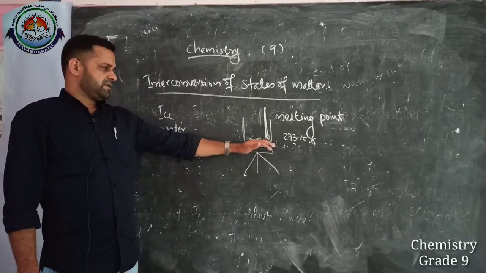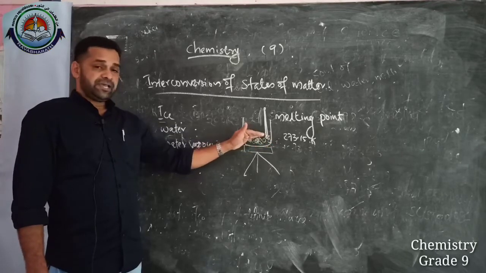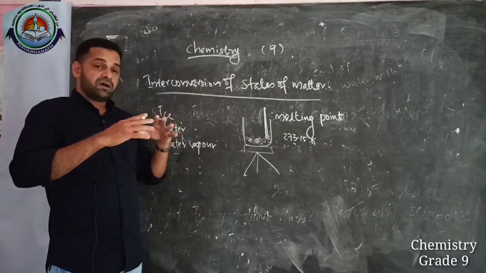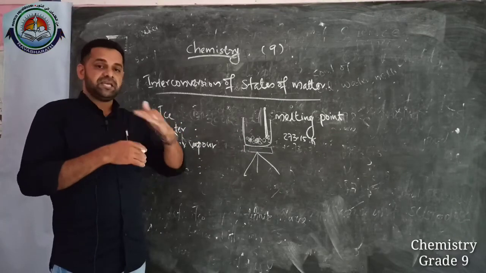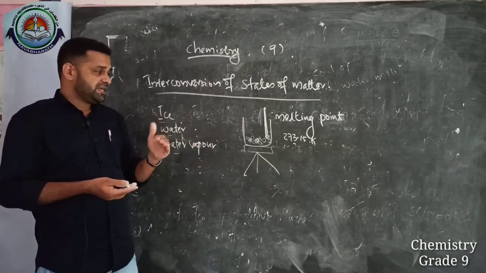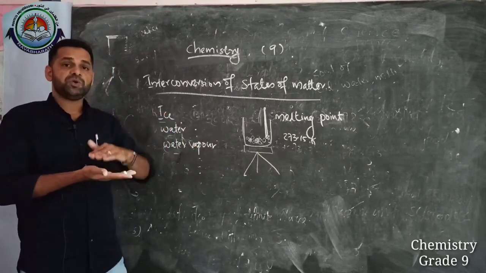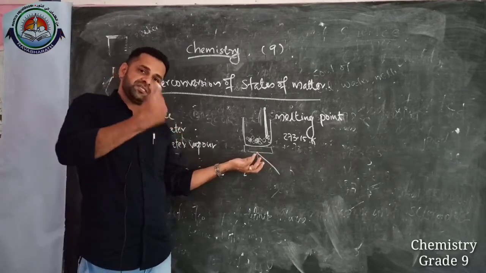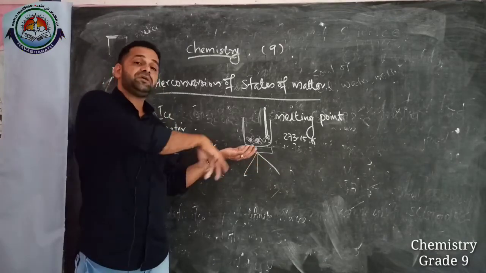So here the ice particles are changing their state, that is from solid to liquid state. When they change from solid to liquid state, the process of heating is continuing.